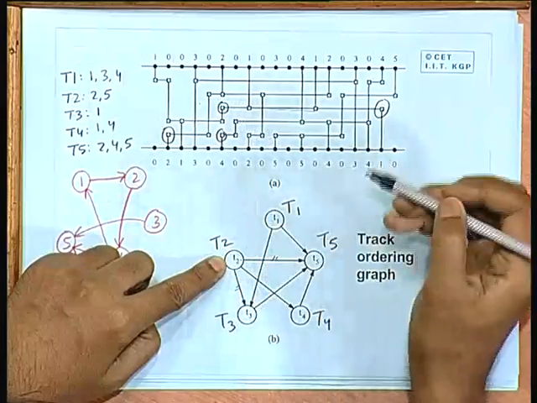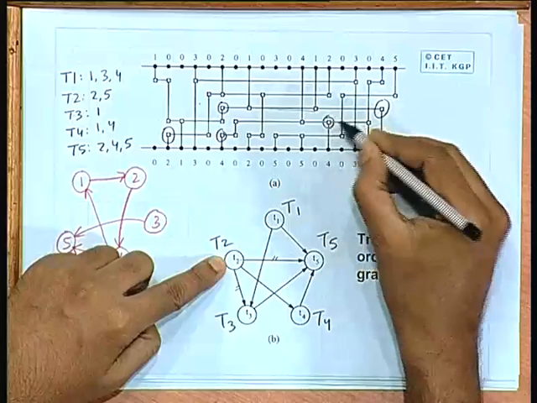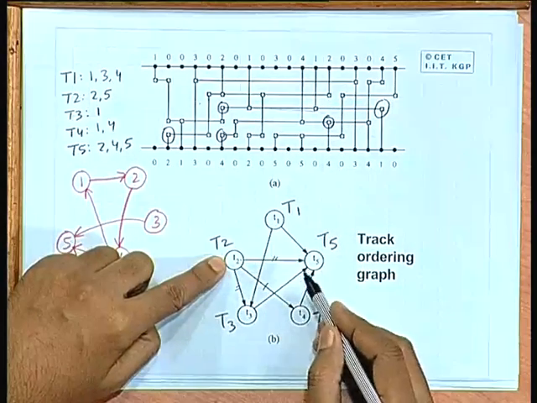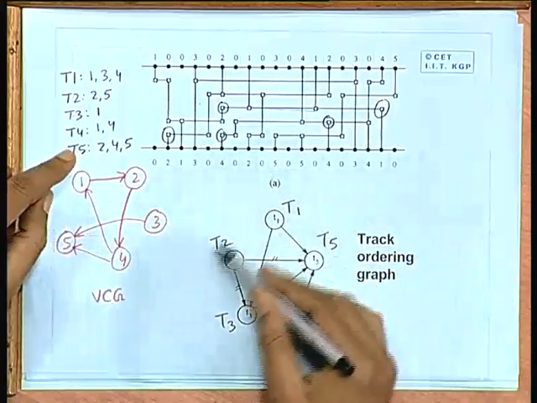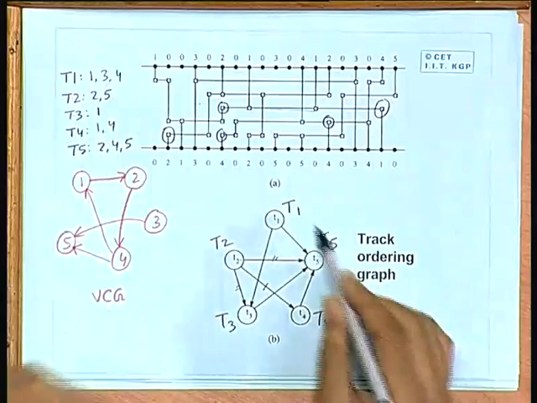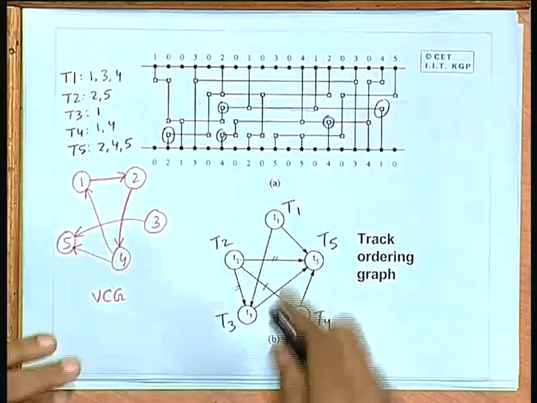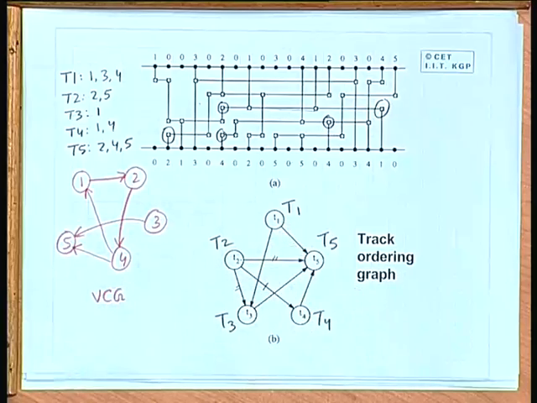Similarly, T2 to T4 there is a constraint here. So, these three edges are there. In this way you can construct this track ordering graph. The track ordering graph will tell you the relative ordering of the tracks, which has to be placed above which.